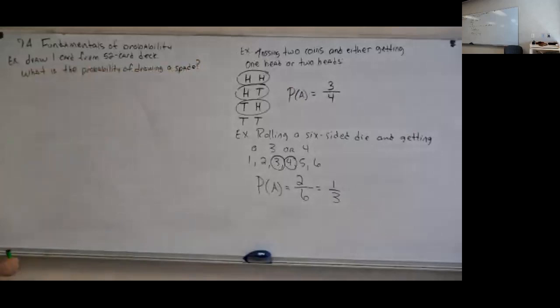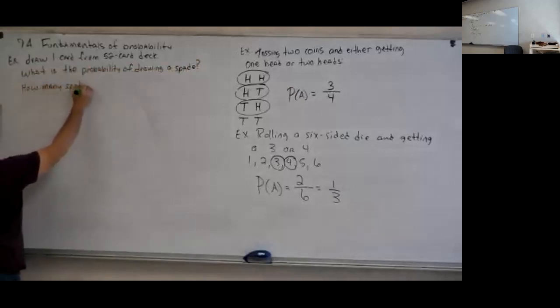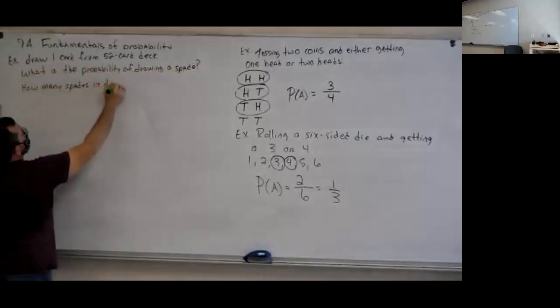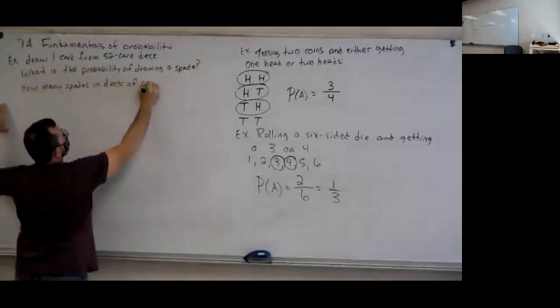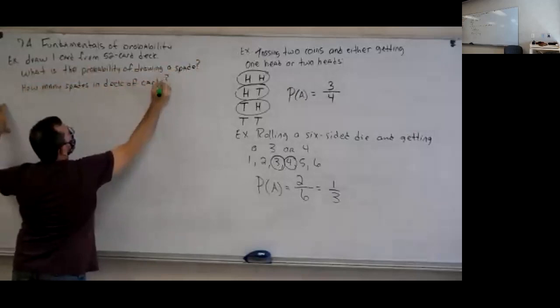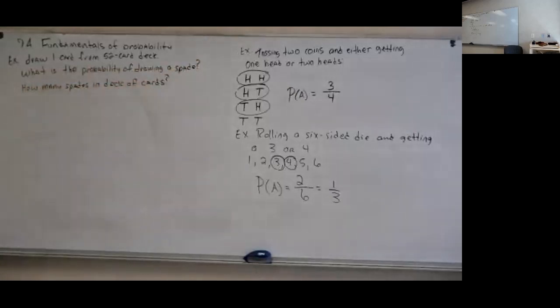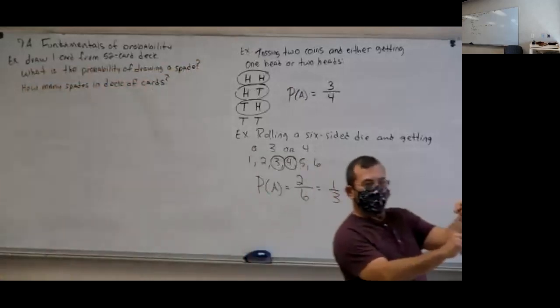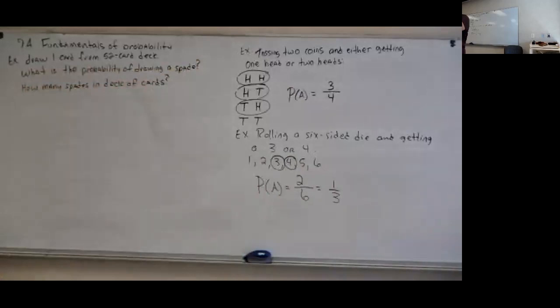So what we need to know is, how many spades are in the card deck? You've got an ace of spades, a king of spades, a queen of spades, a jack of spades, and then 10 of spades, 9 of spades.